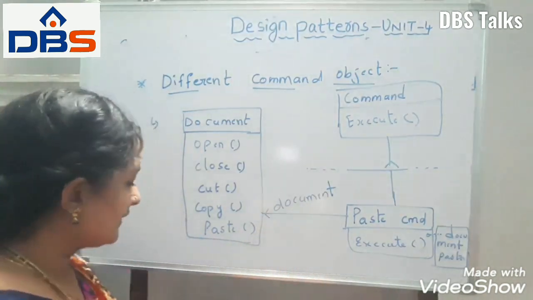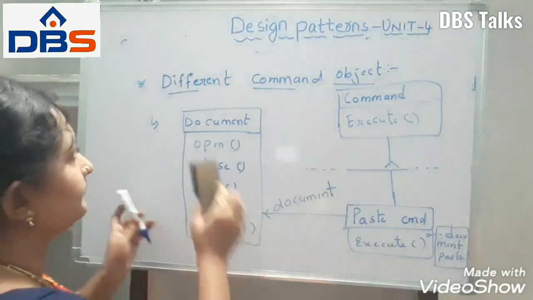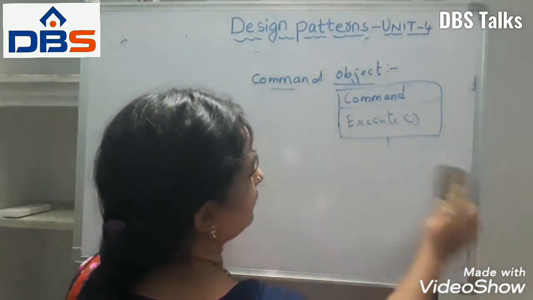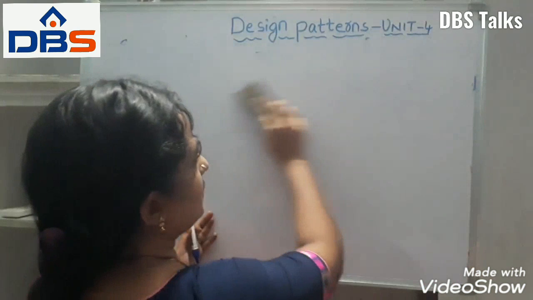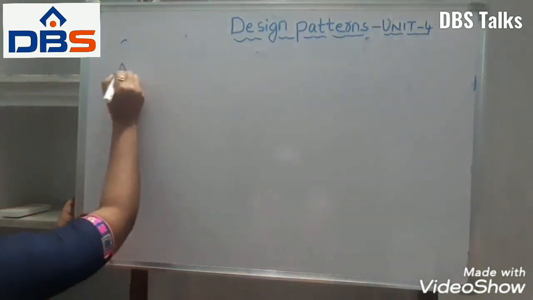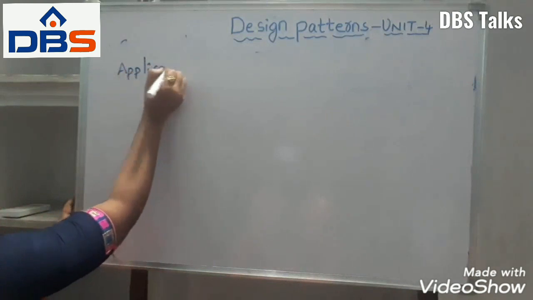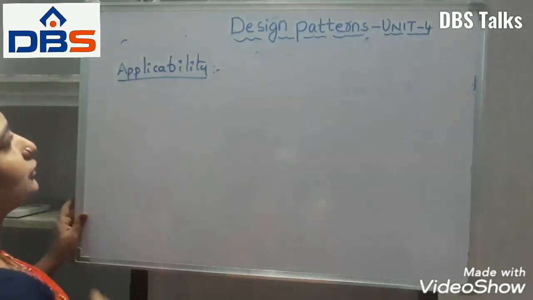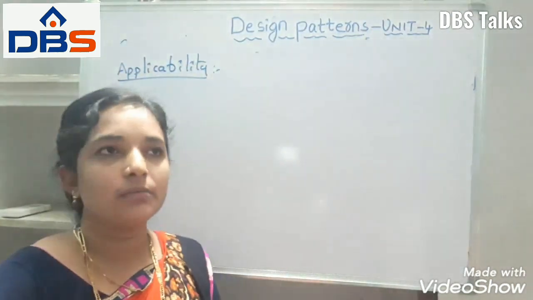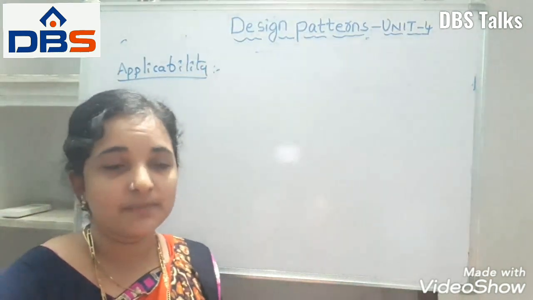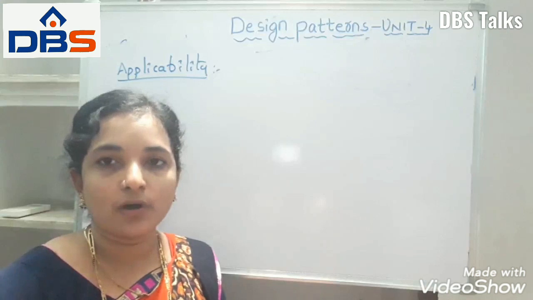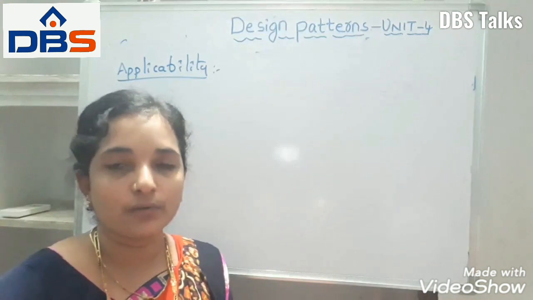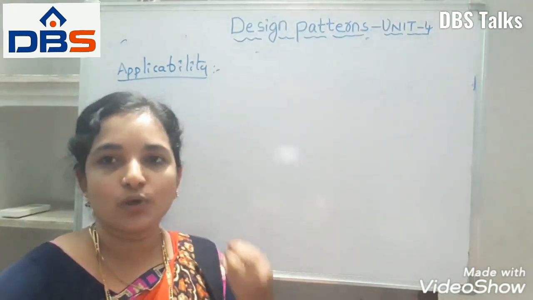Next, coming to applicability. Applicability is about when we are going to use the command design pattern, since sometimes we get problems when performing operations in a system or document.